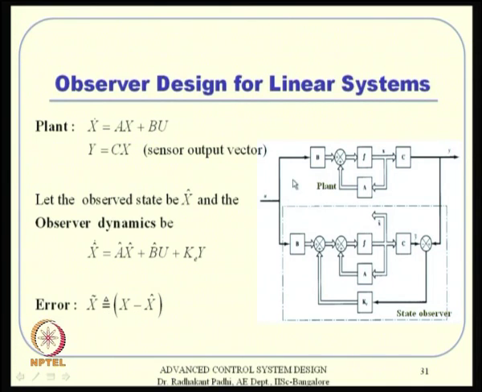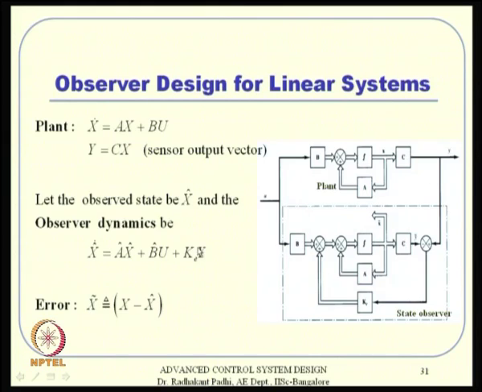Remember, when you are talking about an observer, we are not talking about any noise in the system: neither process noise nor sensor noise. In that setting we are just saying that all states are not available from the sensors, and from that we will try to estimate them.